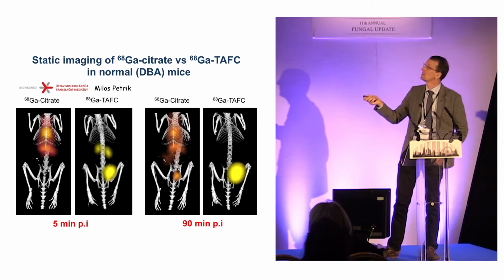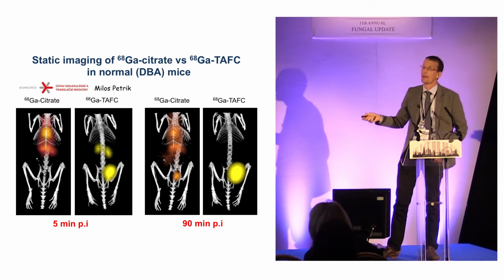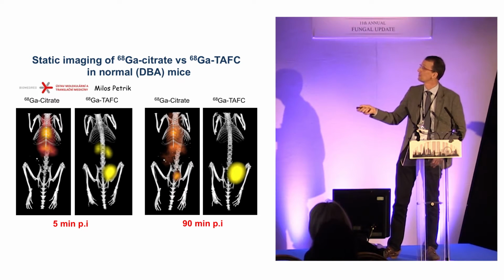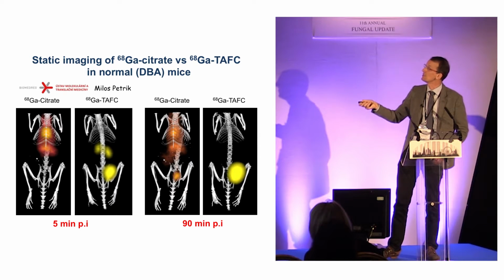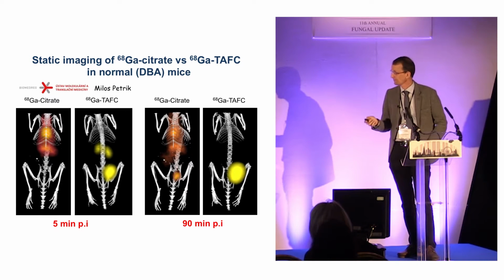These are images in normal mice of the citrate versus the TAFC. You see the citrate is transchelated to transferrin, and then you have a very long circulation time, so you have a high background signal. You see the lungs, liver, and blood pool, whereas with the TAFC, and these are again PET-CT images, you see the kidneys and the bladder, which washed out very rapidly.